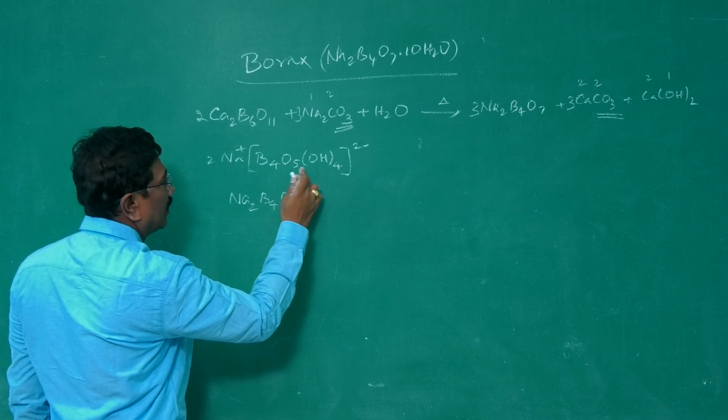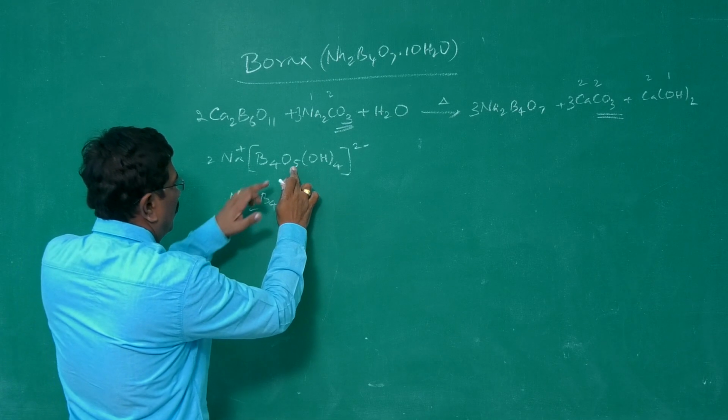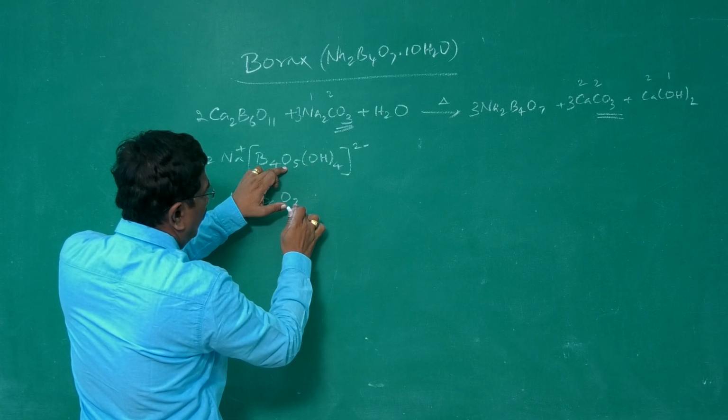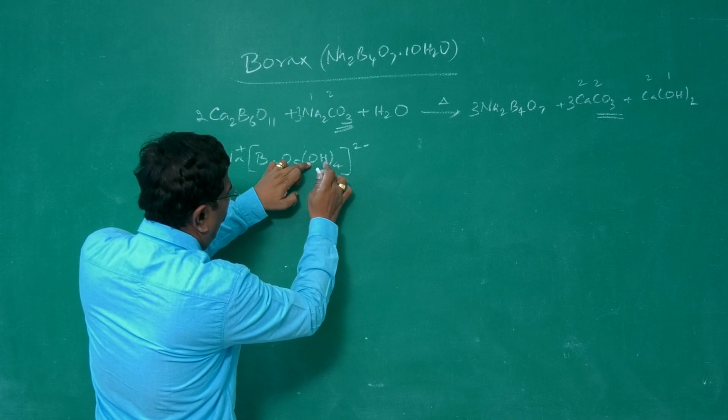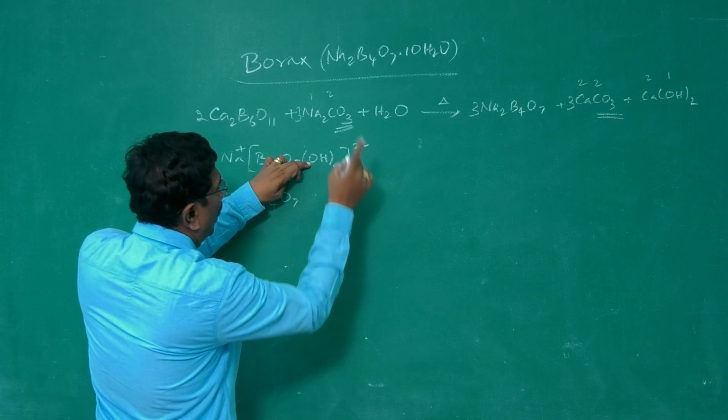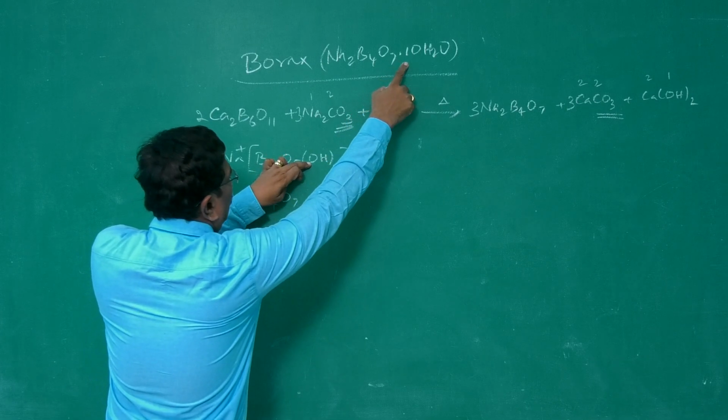Na2B4O7: 5 plus 2 oxygens only we are taking here, 2 more oxygen and 4 hydrogen, 2H2O, along with that 8H2O.